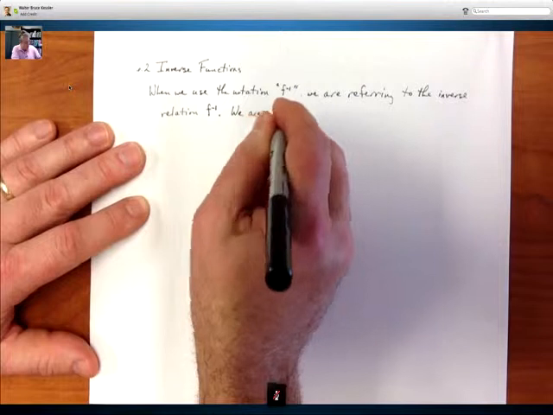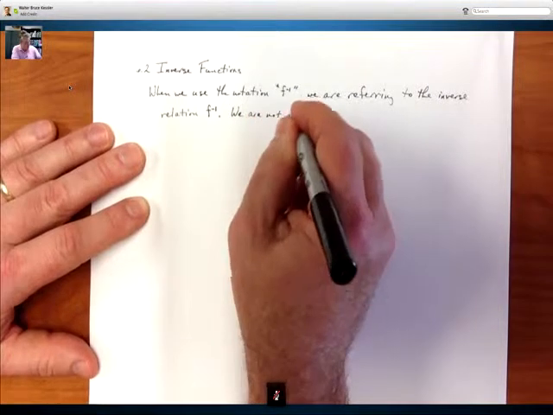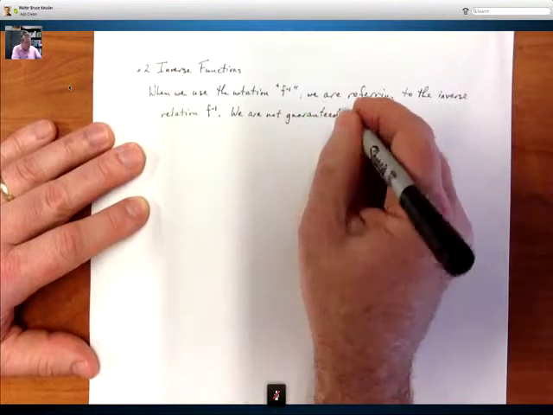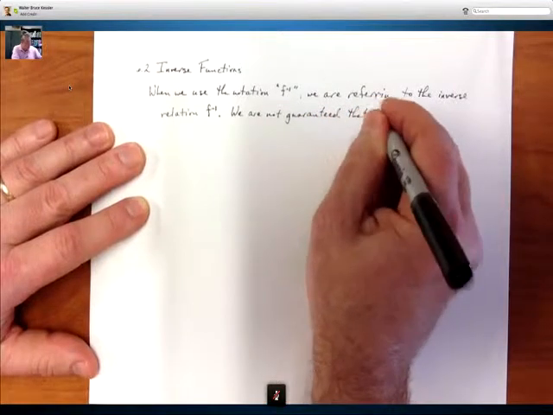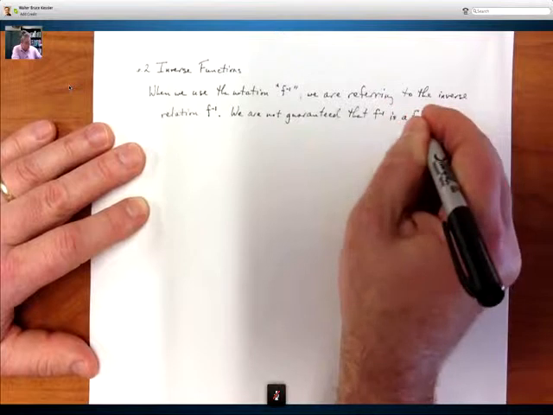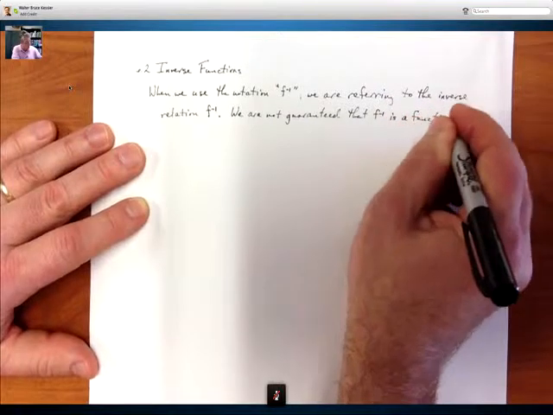We are not guaranteed that f inverse is a function.